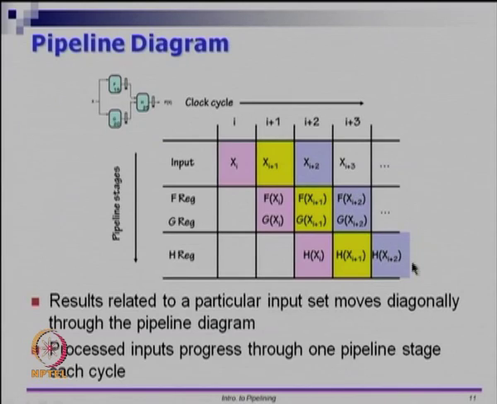So the results related to a particular input move diagonally across the pipeline diagram, and the inputs progress through one pipeline stage at a time. From the external input it goes to stage 1 and then stage 2, and it goes through one step at a time. So this kind of pipeline diagram is useful to imagine what is happening in the circuit.